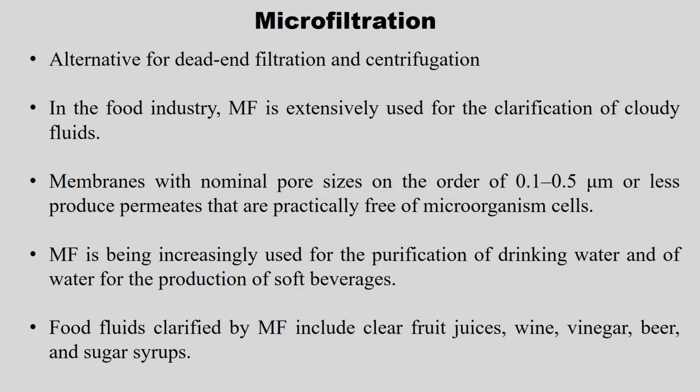Now, microfiltration. Microfiltration is an alternative to dead end filtration as well as centrifugation. Here you need to use a lot of energy, but that is avoided when we use the microfiltration technique. In the food industry, microfiltration is extensively used for the clarification of cloudy fluids, so clarification of juices is the best example.